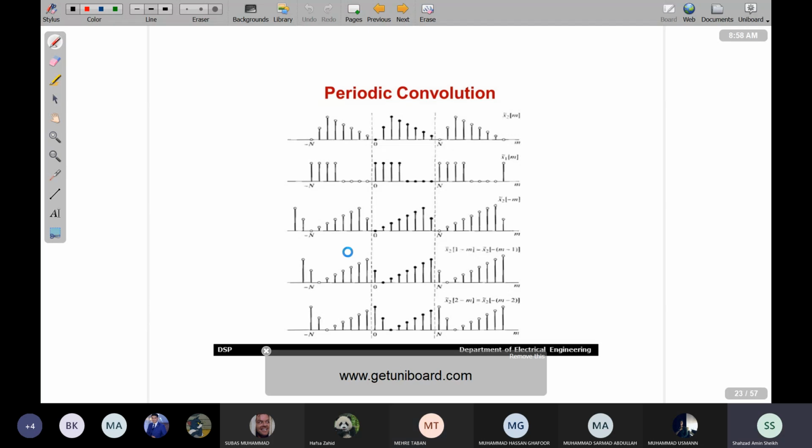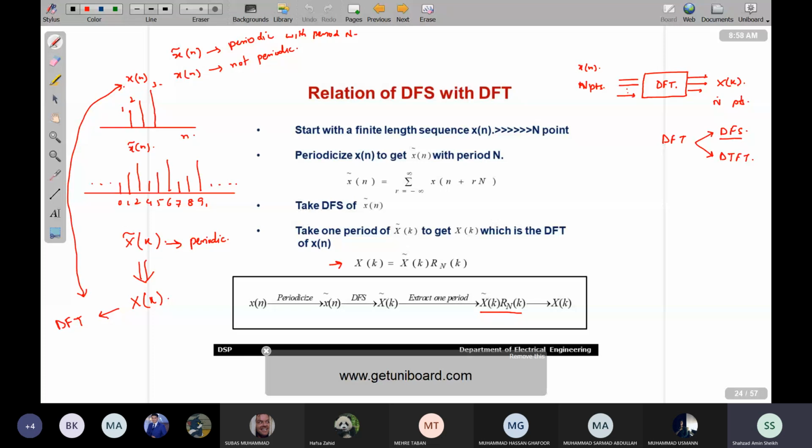Yes, sir. Okay, as we said before, DFT is related to DFS and DTFT. Now we know what DFS is, but what is the relation of DFS with DFT? Let's see it. Now we know something about DFT: x of n is passed through this DFT block, and what we get is x of k, the n points going in and the n points coming out.